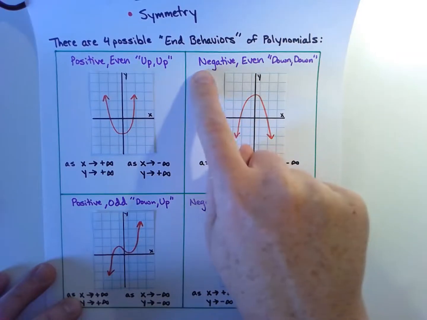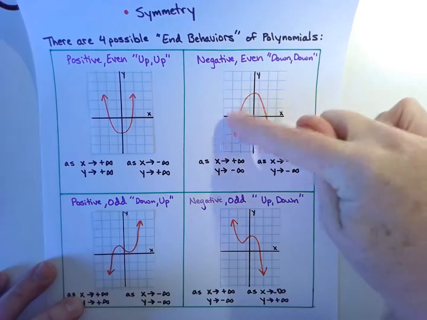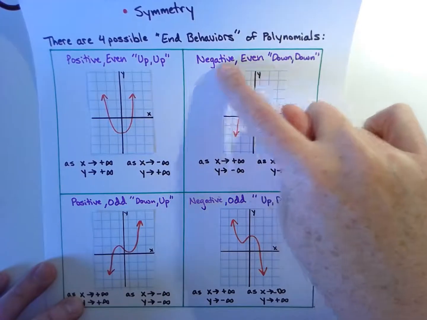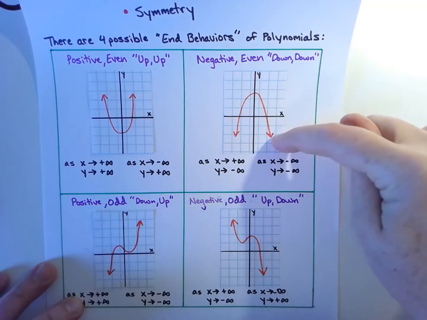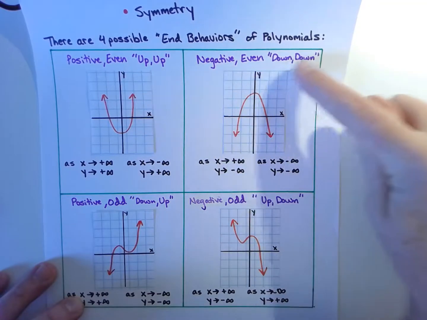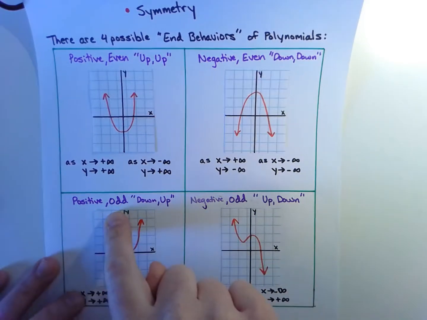Or it could be a negative even function, which looks like a downward-facing parabola, and it would go down, down.